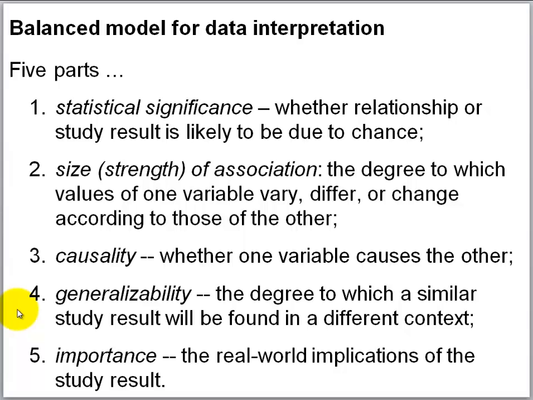Generalizability, the degree to which a similar study result will be found in a different context. And 5, the real-world implications of the result. So, key to balanced data interpretation is to give some weight to each of these and to recognize that each is a distinct concept.